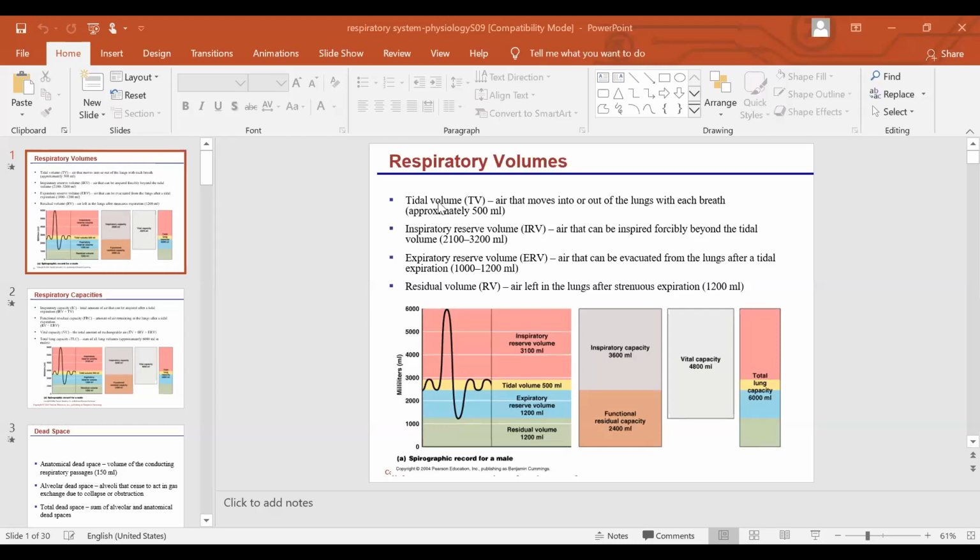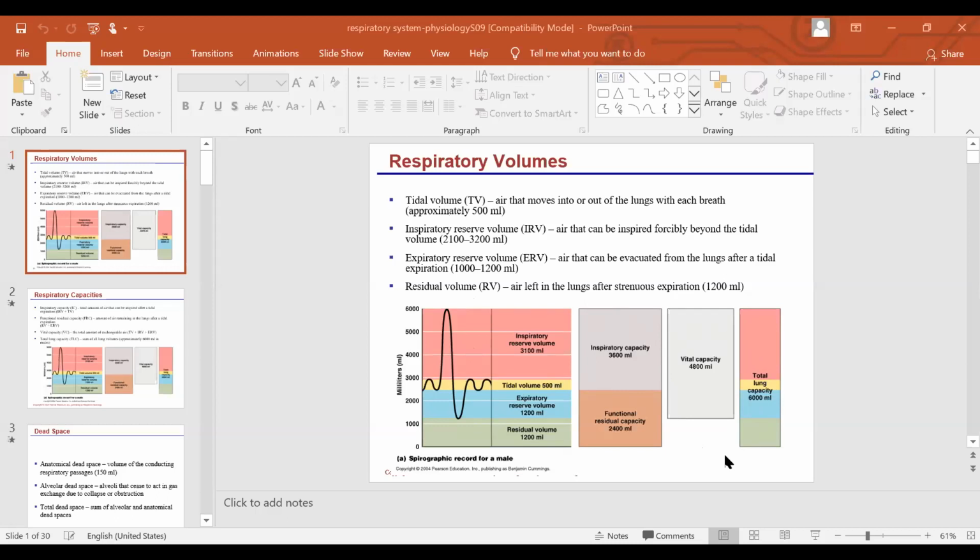List out all the different terms for the volumes, and the capacity part is basically the questions related to this diagram you're seeing on my screen. So please do that before you start watching this video.